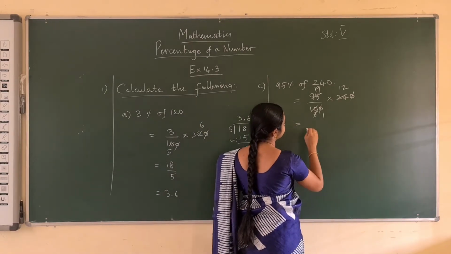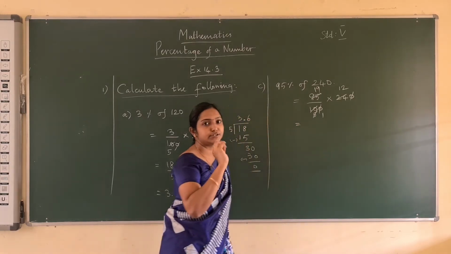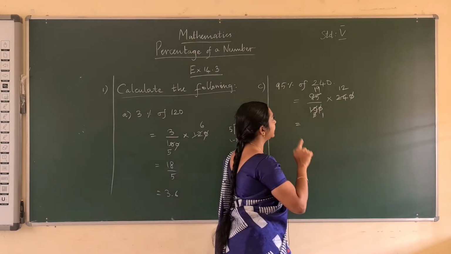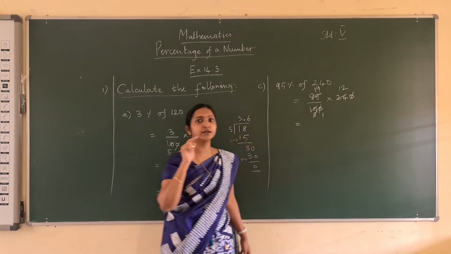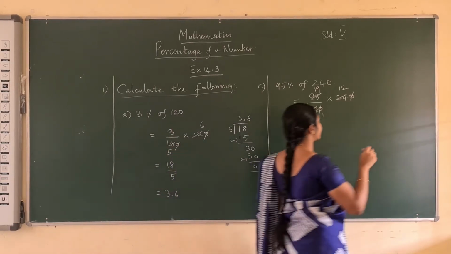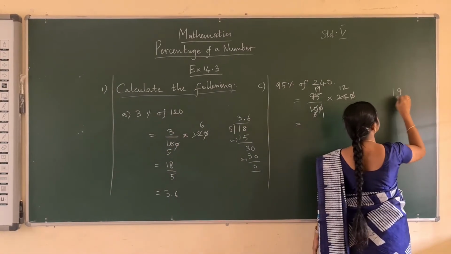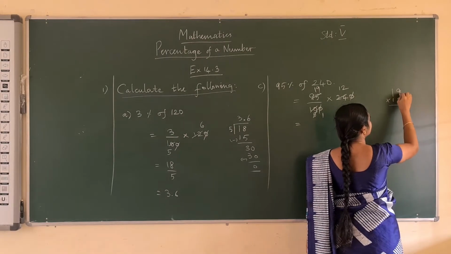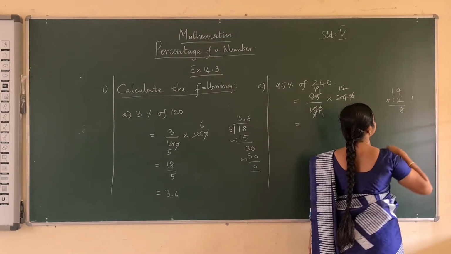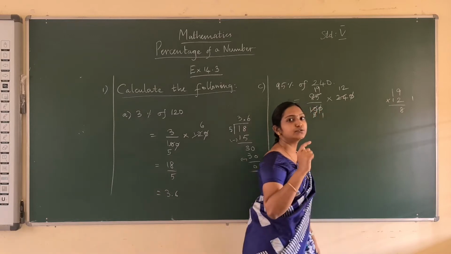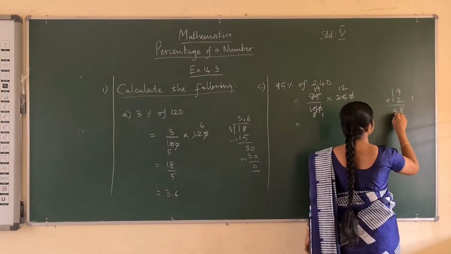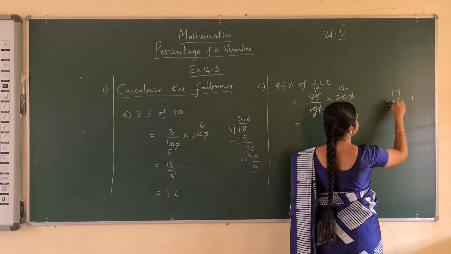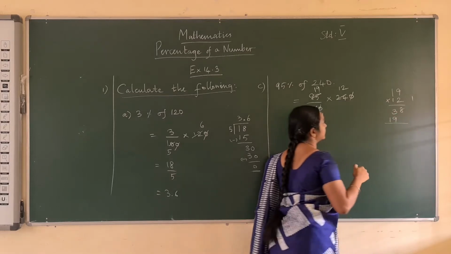Next we have to multiply 19 and 12. We are having 19 and 12 in the numerator. So multiply 19 and 12. 9 2s are 18. Remaining we are having 1. 1 2 is 2. 2 plus 1 is 3. Next 1 9 is 9. 1 into 1 is 1.